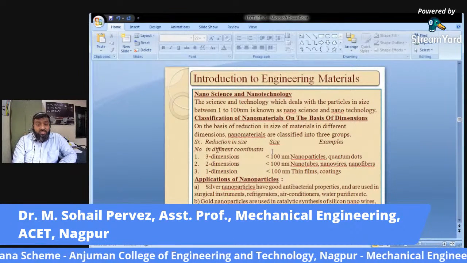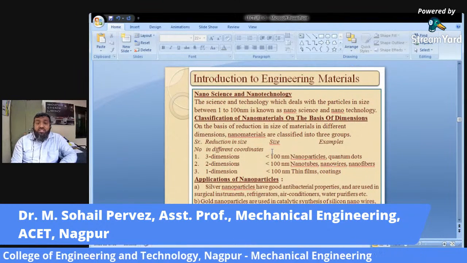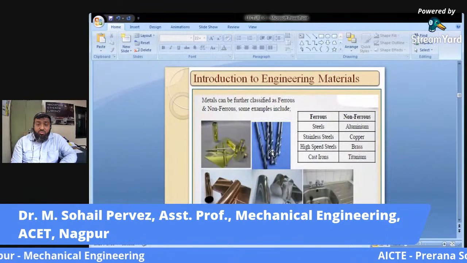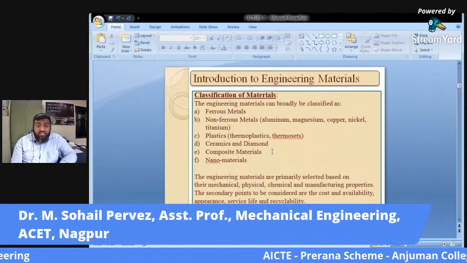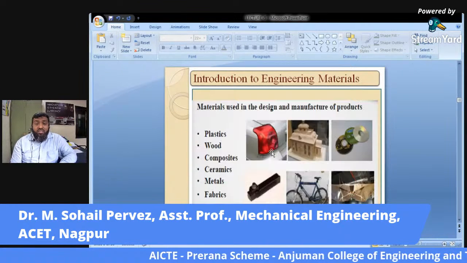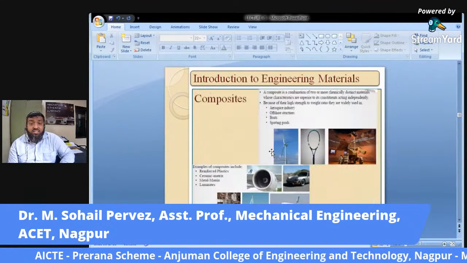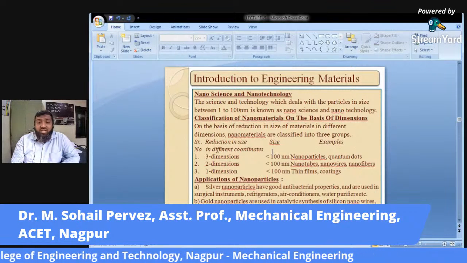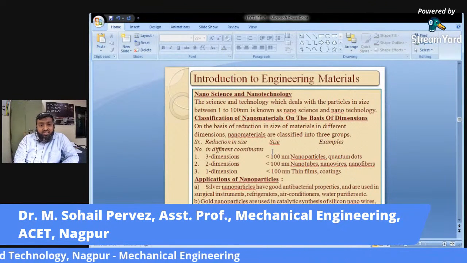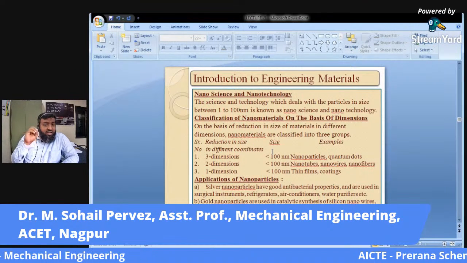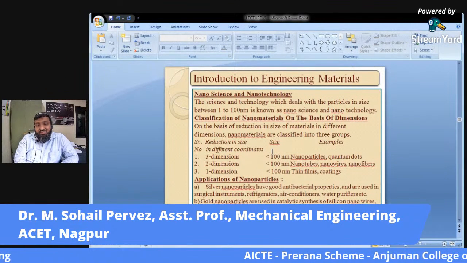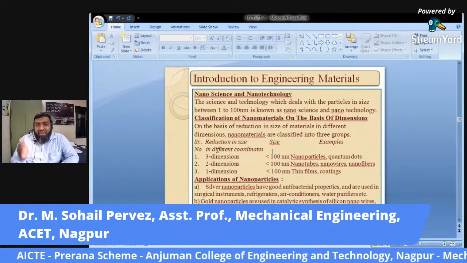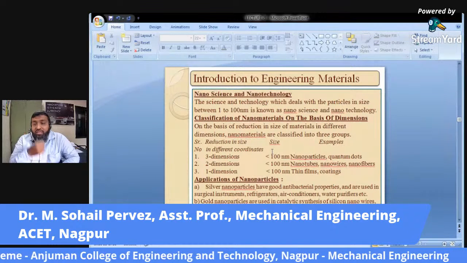Now the nanomaterials, because in our classification we have shown nano also, so it should be there. This nanomaterial is now a revolution in material science, which is why it is now being made a separate branch of study in material engineering, nanotechnology, wherein the particle size is in nanometers, 1 to 100 nanometers.